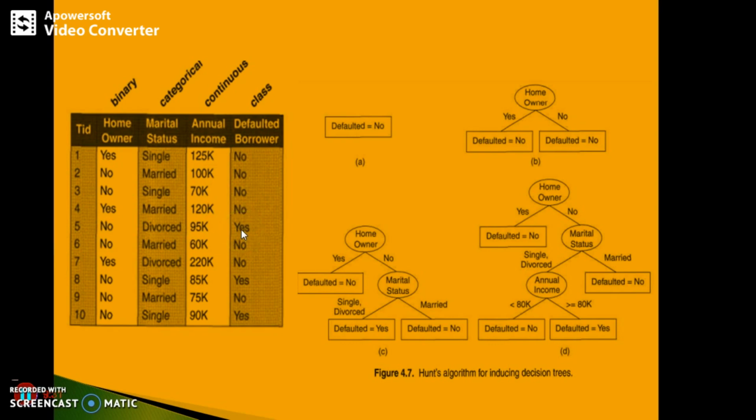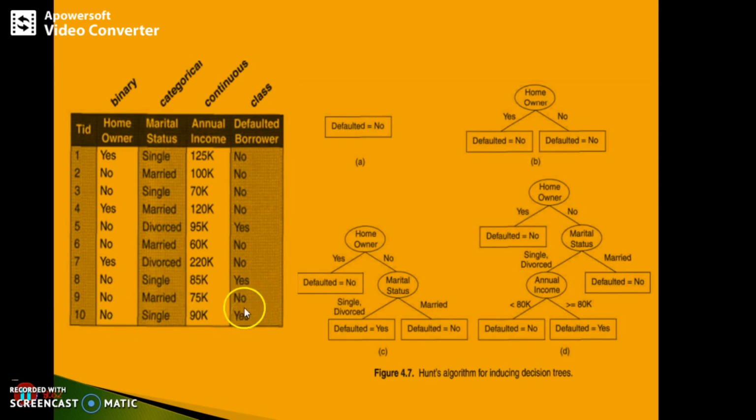I can't say that all those who don't have the house have paid the loan. So here again no, he's not risky. Again, homeowner equal to no, he doesn't have a house, but he is risky. Homeowner is equal to no, not risky. Homeowner is equal to no, yes, he is risky.